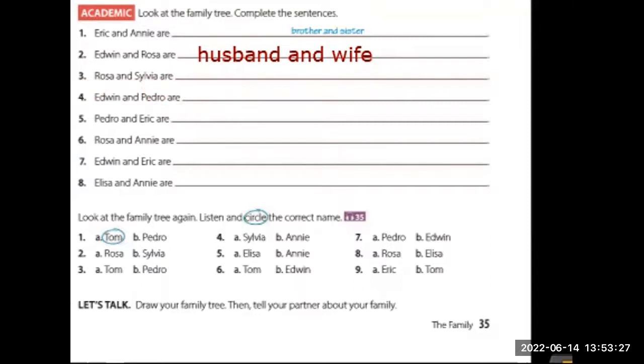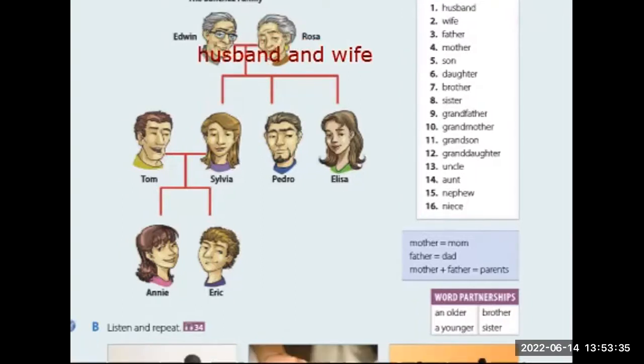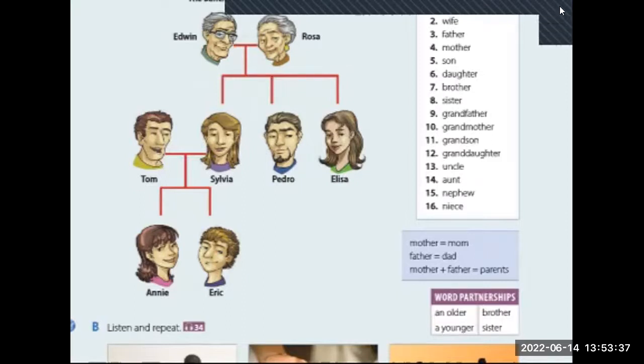So let's look and find, whoops, I didn't mean to move that. Let me erase. So we see here's Rosa and here's Sylvia. So we see Rosa is in one generation and we go down. The next generation would be her child. Sylvia is a female. So Sylvia is the daughter to Rosa.